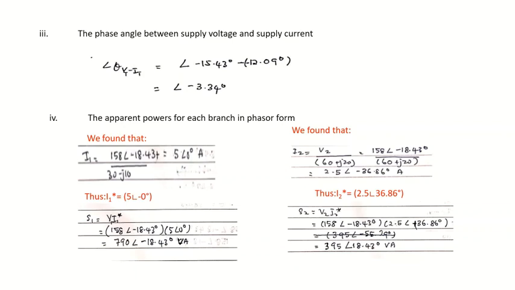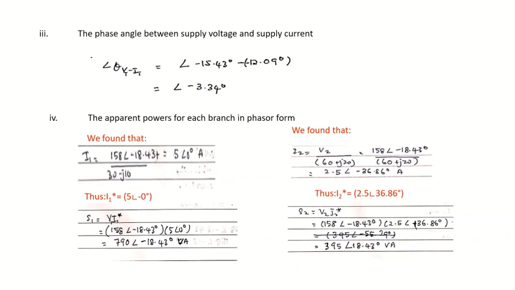So you substitute the value for V1, 158 with minus 18.43 degree, times the conjugate of I1, which is 5 with 0 degree. So your apparent power is 790 with minus 18.43 degree VA.